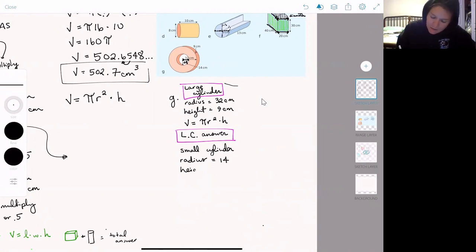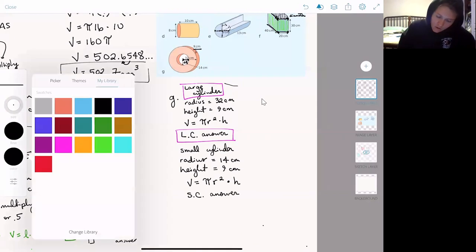My height is still 9. Use that same equation to find the volume of that inner cylinder. This will give you an answer for my small cylinder.